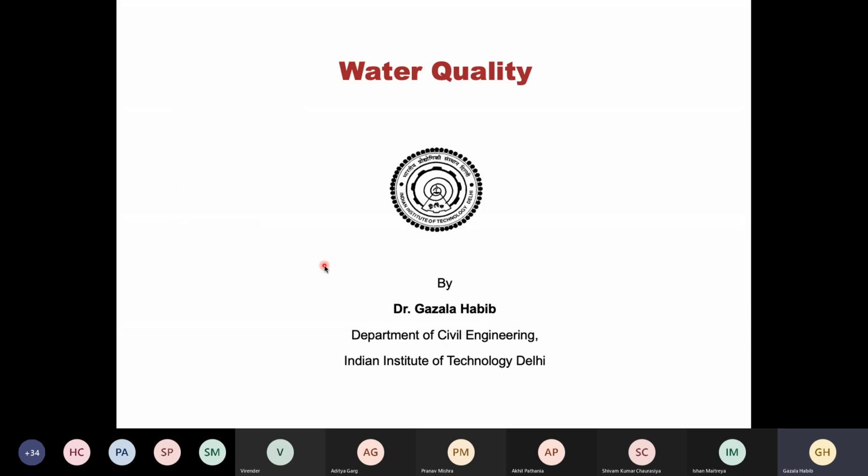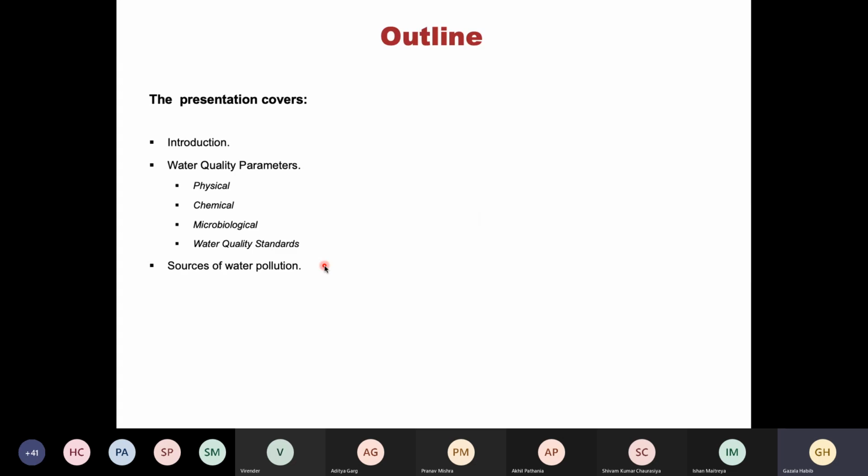Okay, so today we will start water quality parameters. We will learn about the water quality parameters. There are broadly two categories of water quality parameter. One is physical, the other is chemical. Microbiological is another category, but basically we will focus on physical and chemical. Water quality standards are based on limits, like the threshold limit above which there is a health risk.